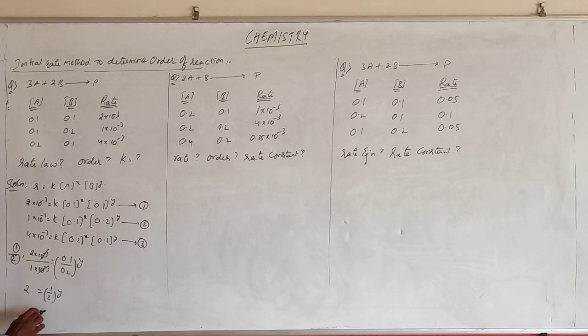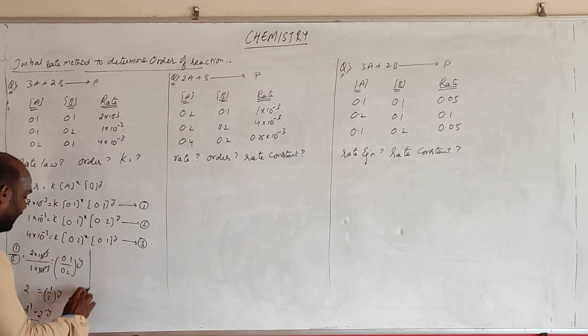So 2 power minus y is equal to 2 power 1, and y is equal to minus 1. Clear? 1 by 2 is 2 power minus 1, so you will get the y value equal to minus 1.